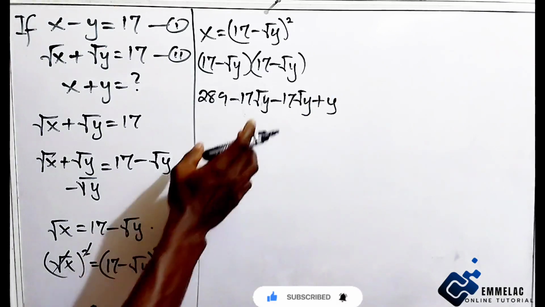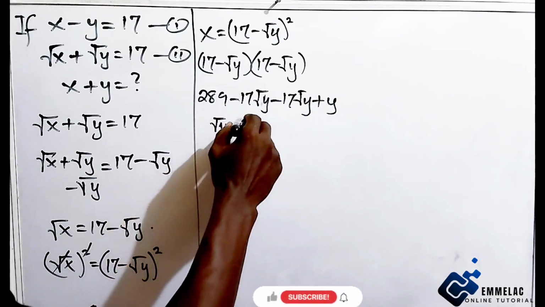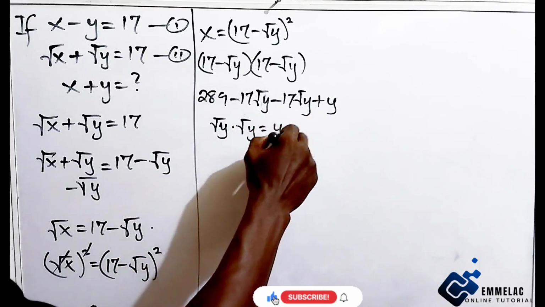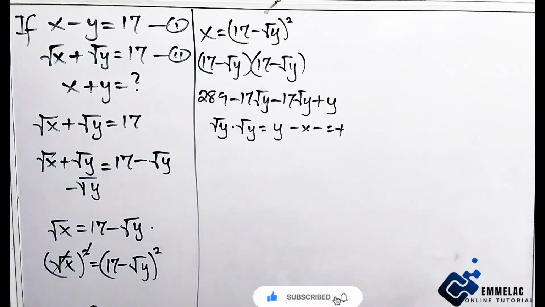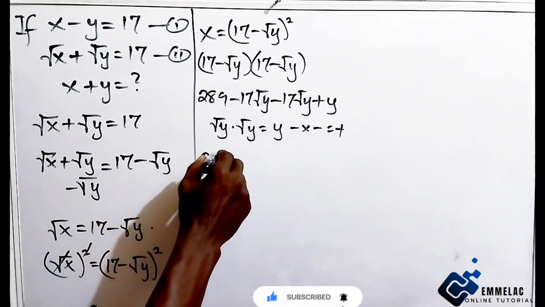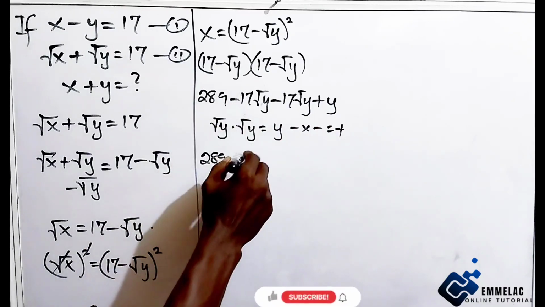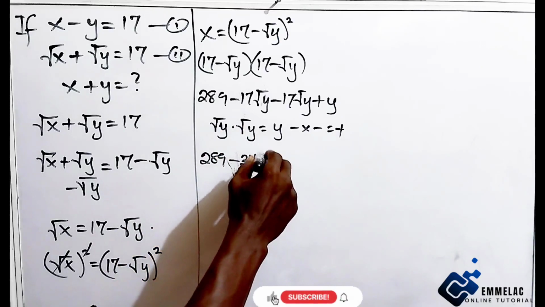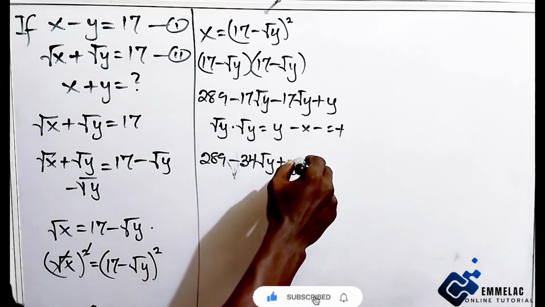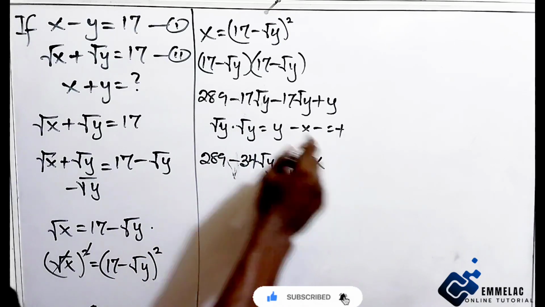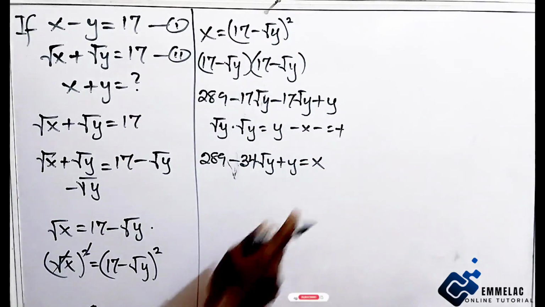Why? Because square root of y times the square root of y will give us y, and negative times negative will give us plus. So from here we can now say 289 minus 34 square root of y plus y equals x. Remember, the whole of this expression equals x, which is this.